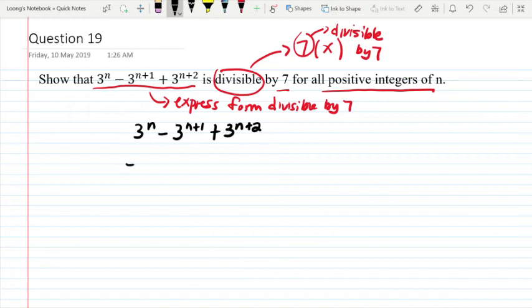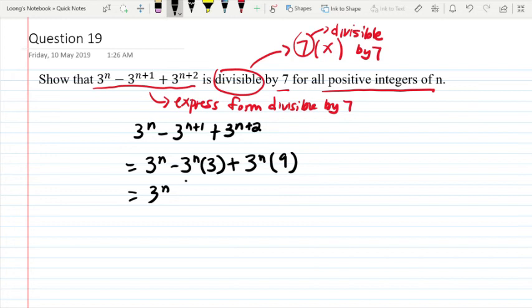And after that, here we have 3 power n plus 1, which we could write in this way, as it was the same form, and same goes for plus 2, which is actually 3 power 2 equals 9. And here we could factorize out 3 power n, and 3 power n will be taken out, and what we are left with is 1 minus 3 plus 9.